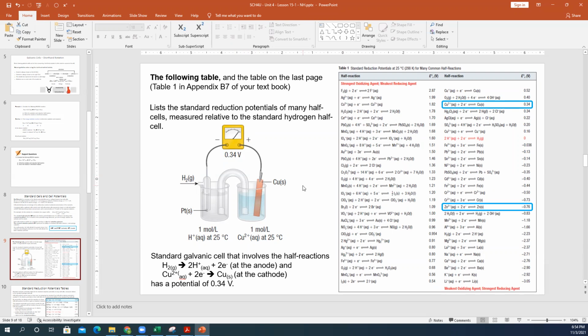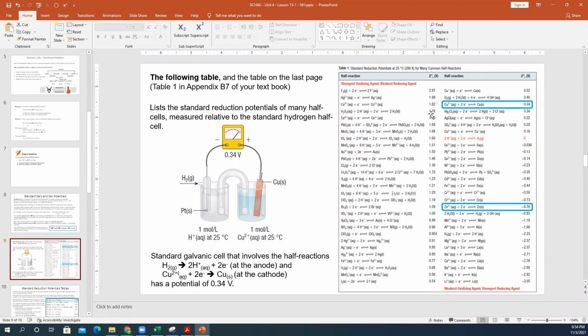And you can find it here. For example, here is copper, and you can see this device is reading 0.34 volts. And on the table, if you find copper, copper is 0.34 volts. That's the standard reduction potential of copper. So all of these metals are measured with respect to this hydrogen half cell.